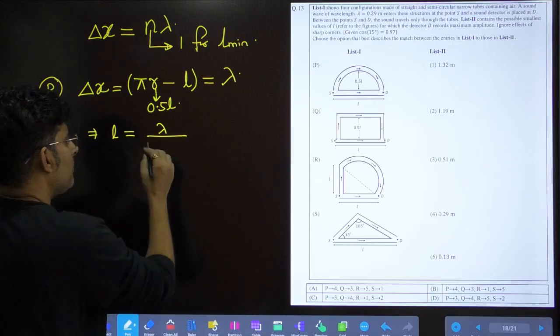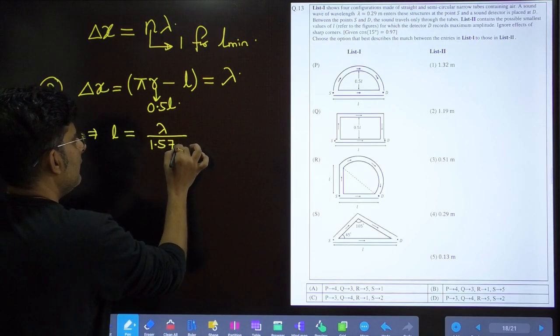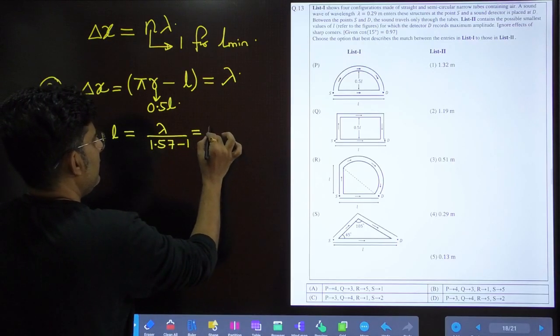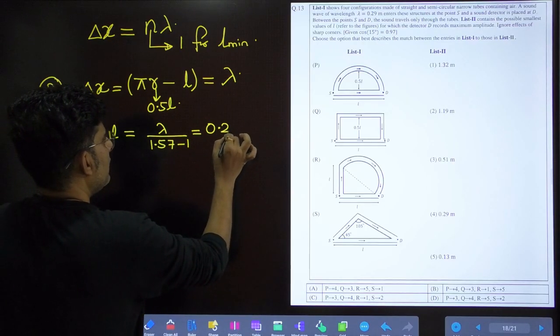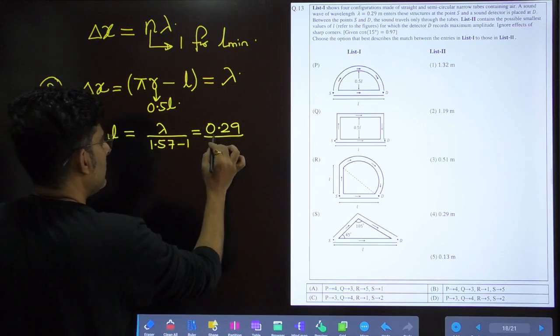So 3.14 by 2 will become 1.57 and minus 1.